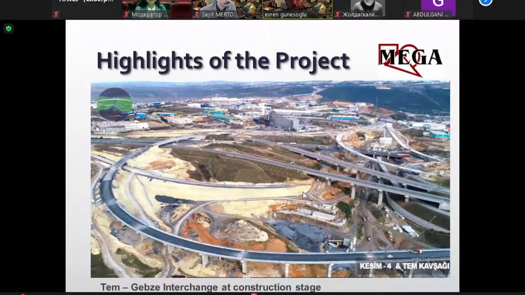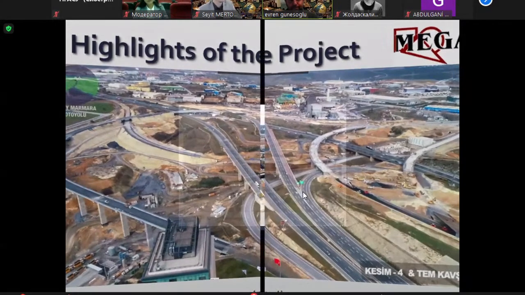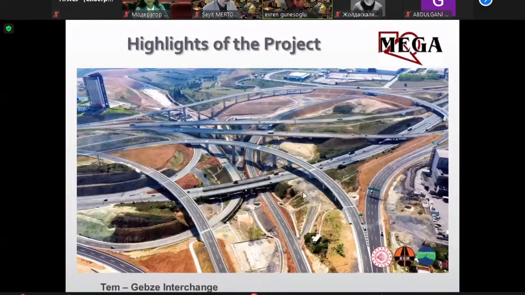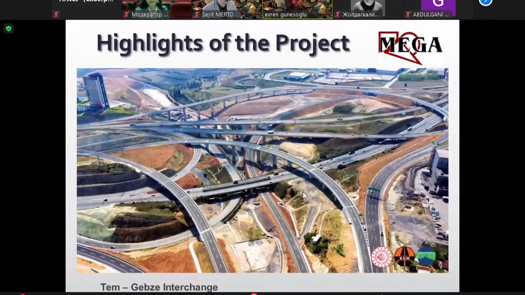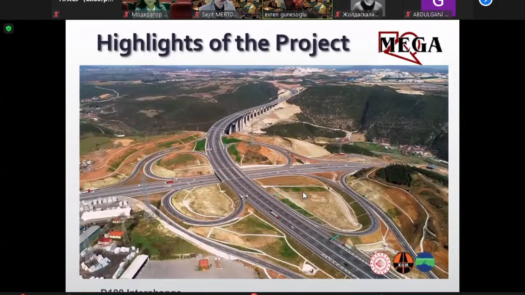This photo is from the construction stage. Another photo from the construction stage. This is after the construction, and operation has already started. This is another interchange from the project.